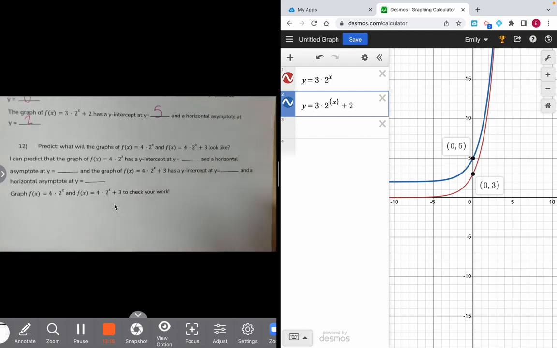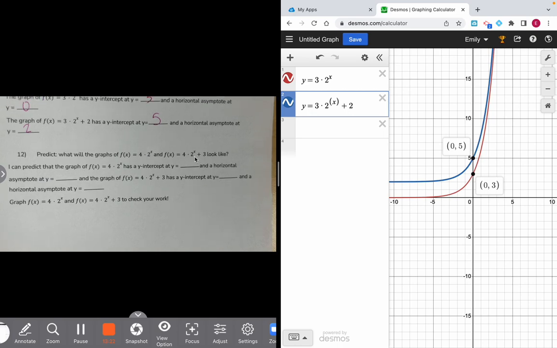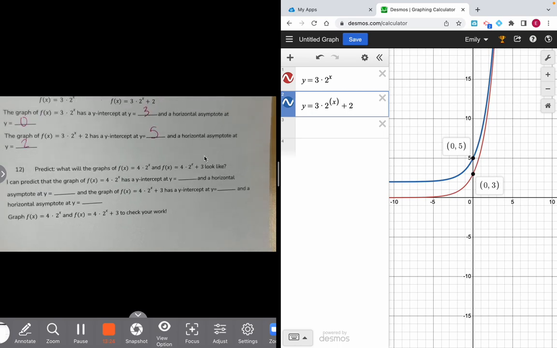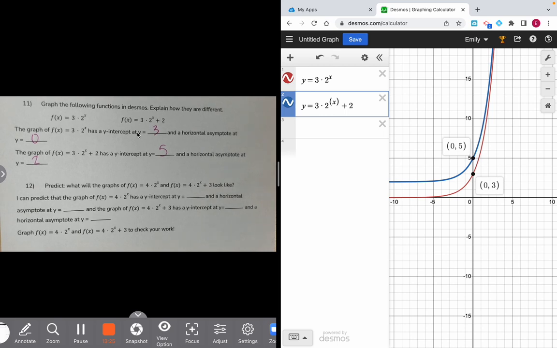Alright, so one more that we want to look at here. We're going to ask to predict what will happen if we have 4 times 2 raised to the power of x and 4 times 2 raised to the power of x plus 3. So very similar to this last example that we did. We're just changing out the a in both of these and then this number out here on the second equation.